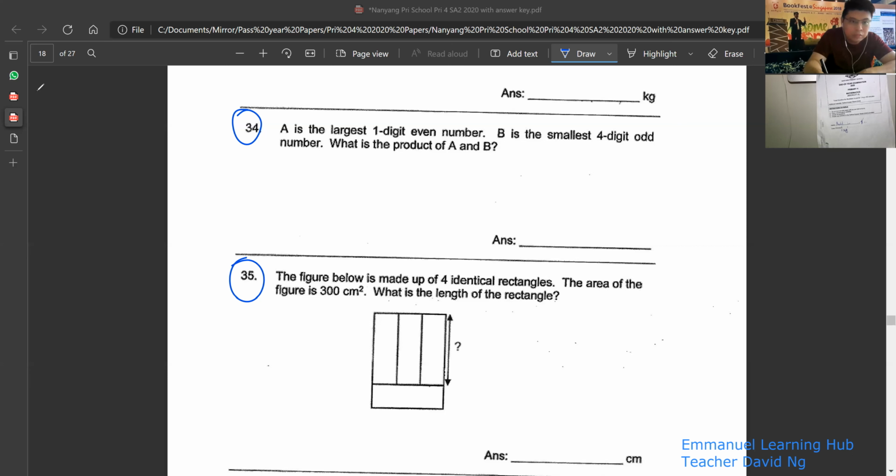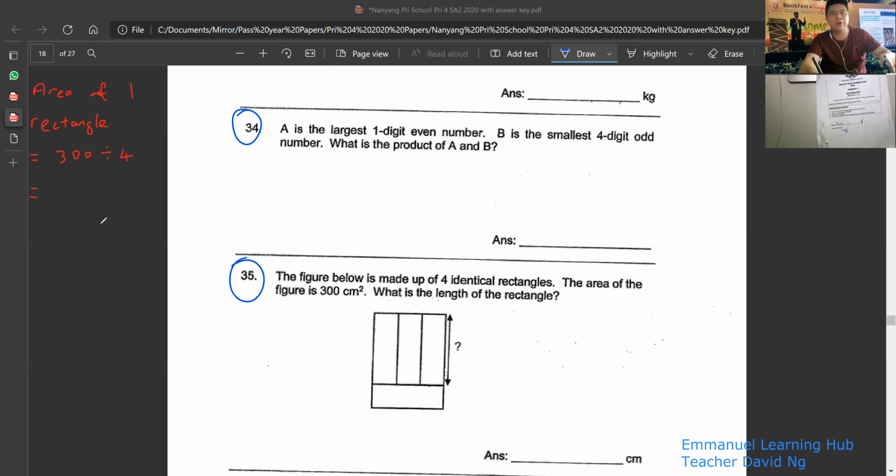300 divided by 4. Divide by 4 immediately.